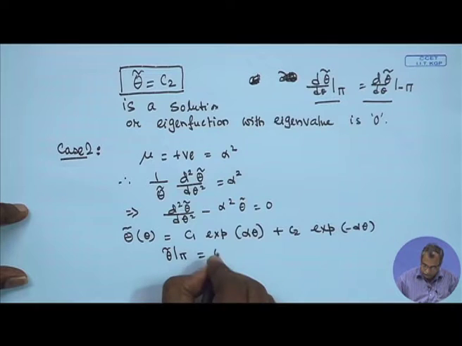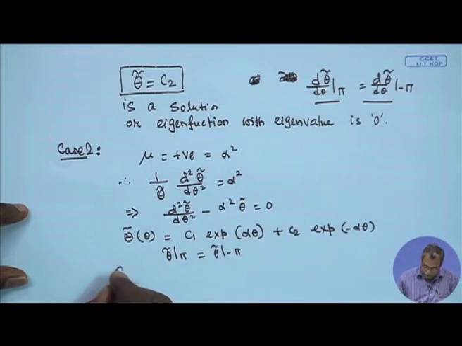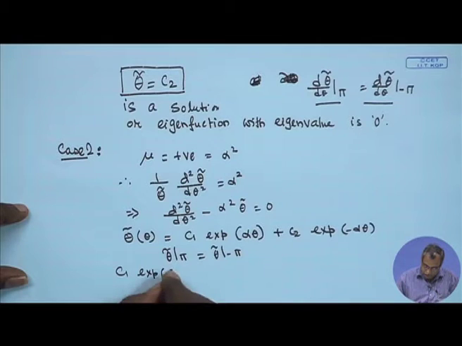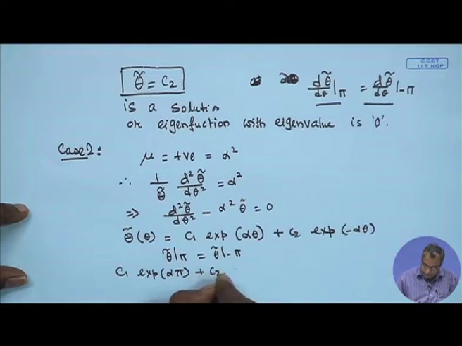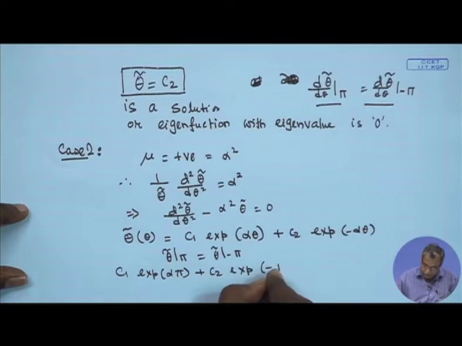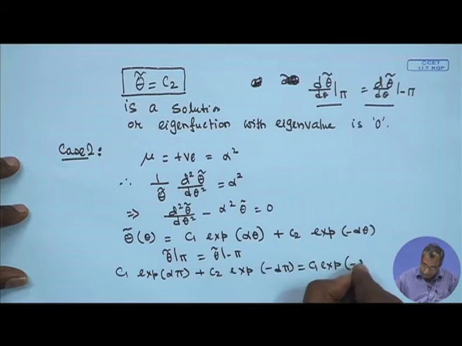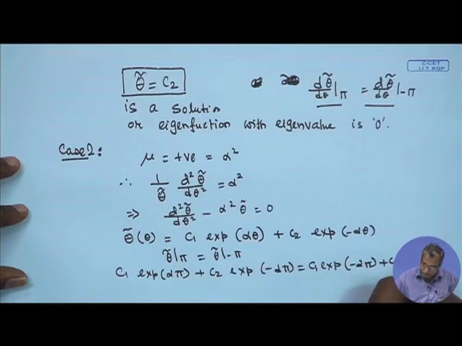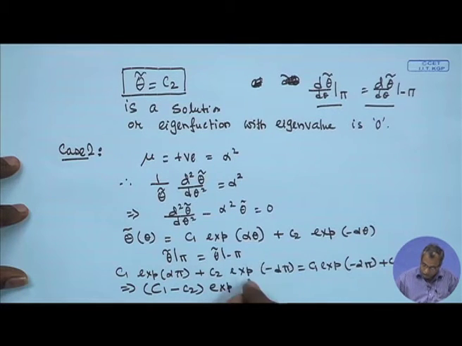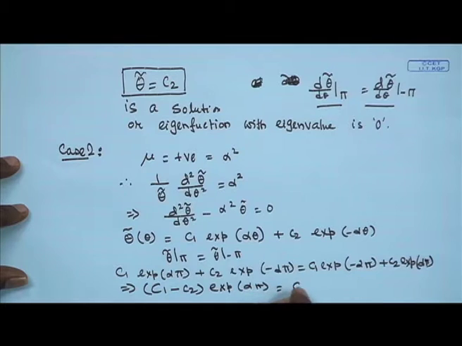at π is equal to θ̂ at minus π. So C1 exponential απ plus C2 exponential minus απ is equal to C1 exponential minus απ plus C2 exponential plus απ, and we can have (C1 minus C2) exponential απ and (C1 minus C2) exponential minus απ.